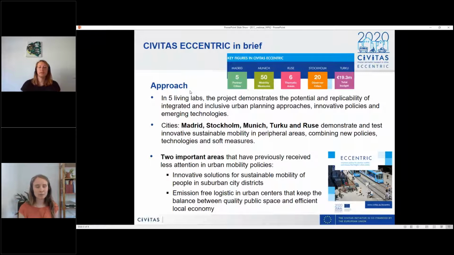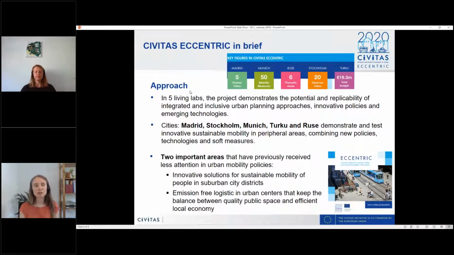The project has 2 important focus areas that maybe other sustainable urban mobility projects or initiatives tend to neglect. On the one hand, the innovative solutions for sustainable mobility of people in suburban city districts, so not focusing on the center so much, but more the suburbs and the periphery.